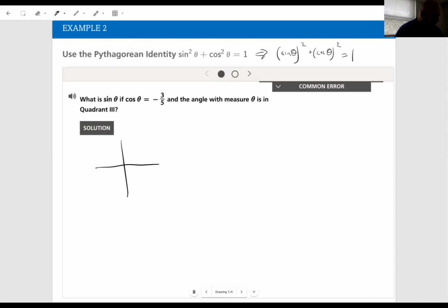We're going to put an angle somewhere down here in quadrant 3. And let me just draw this in a different color. So I started somewhere over here, and maybe I went around like that. I'm going to draw a line back to my x-axis to create my triangle. So this is my triangle in here.